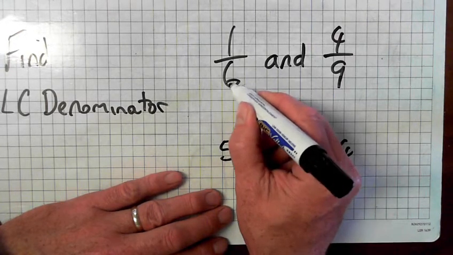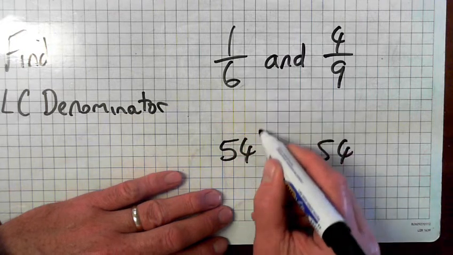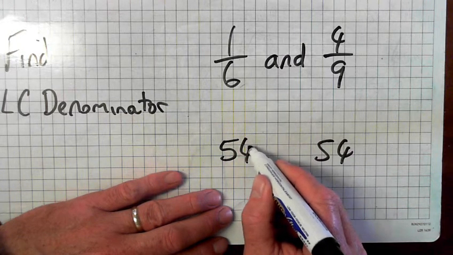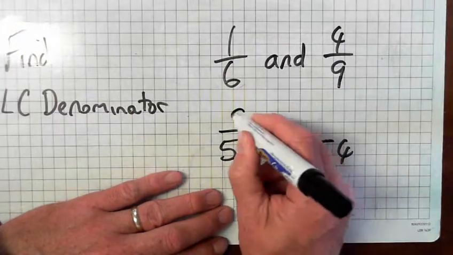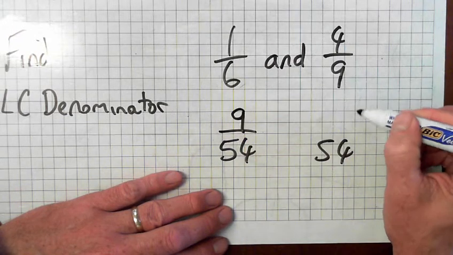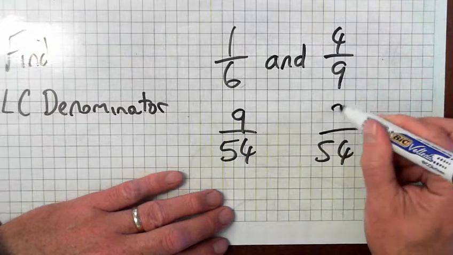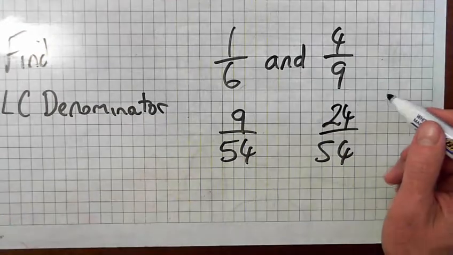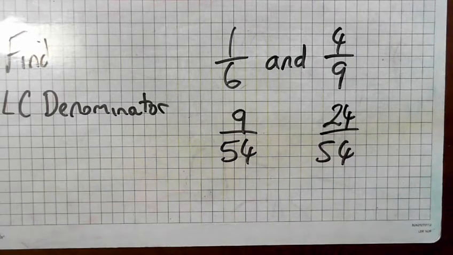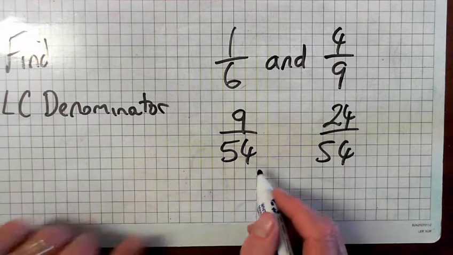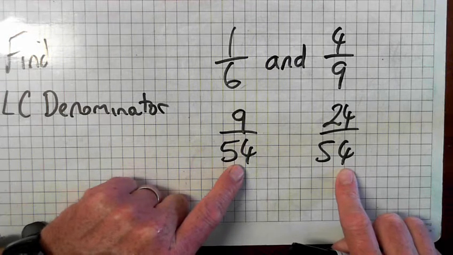So 6 times 9 is 54. 1 times 9 is 9. 9 6s are 54. 6 times 4 is 24. Okay, so the lowest common denominator is 54.